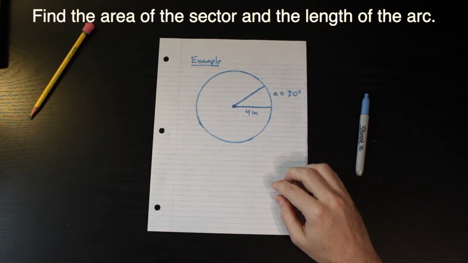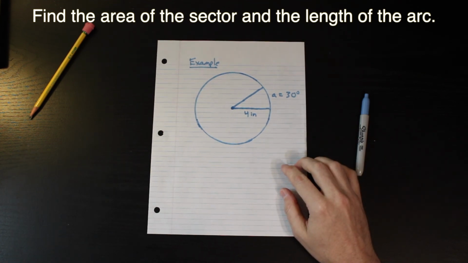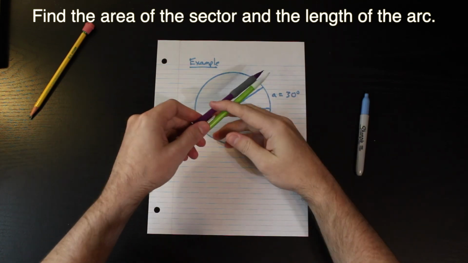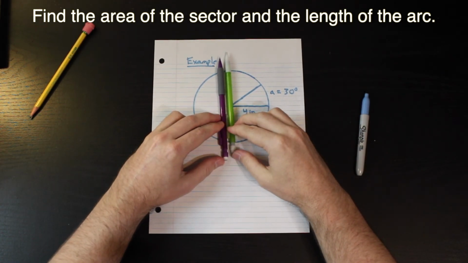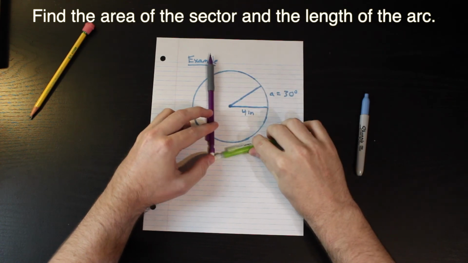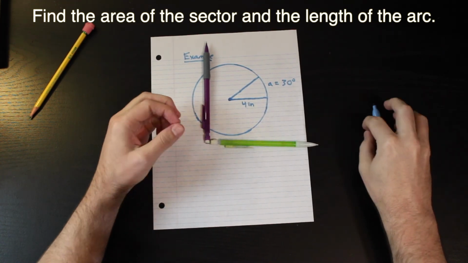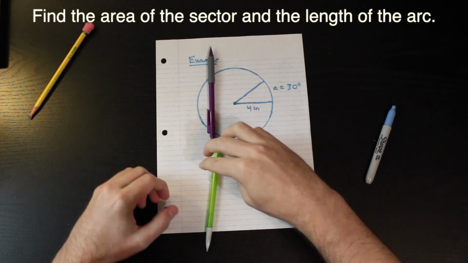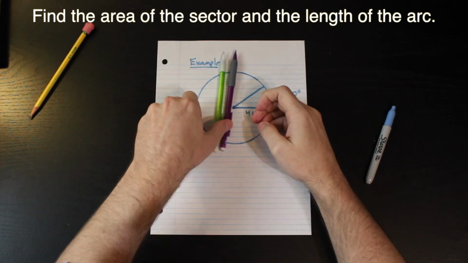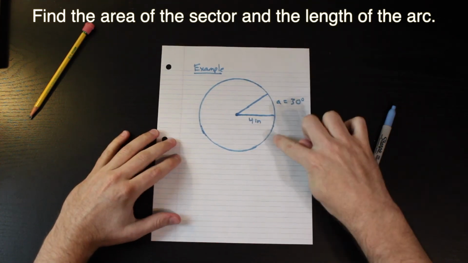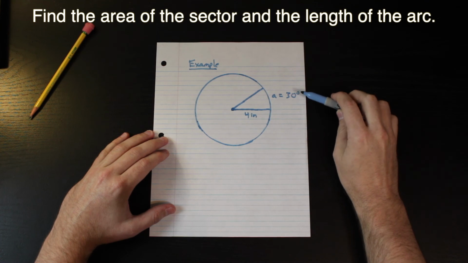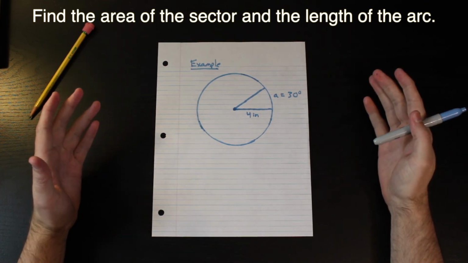To find out what percent of the circle this is, first remember how many degrees are in a full circle. This angle would be 0 degrees. This is 90 degrees. This is 180 degrees, and all the way around is 360 degrees. So if a whole circle is 360 degrees, and we have 30 degrees, what portion of the circle do we have?